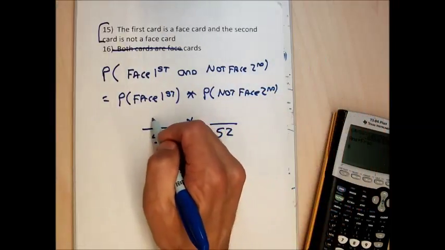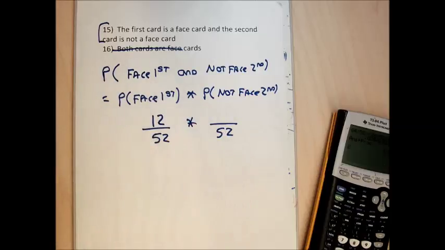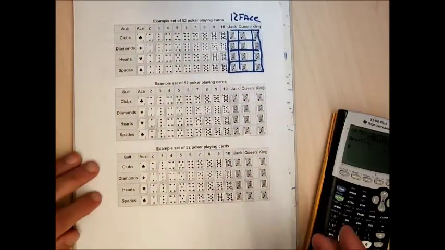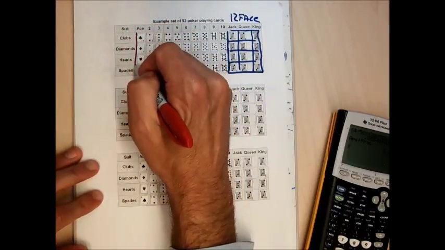The first fraction is going to have a 12 in the numerator because there's 12 cards in my deck that are face cards. The second card needs to be not face, and it needs to be drawn from a deck of 52 cards.